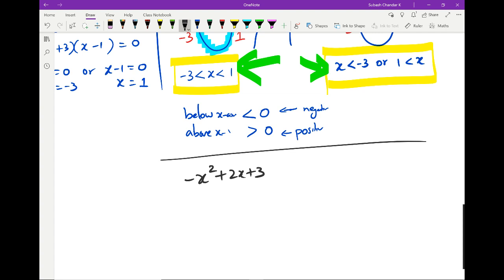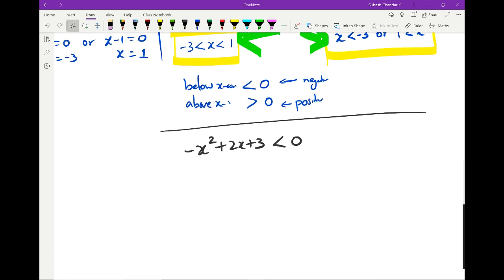Yeah, will this end at 10 or what? What happens if the parabola is upside down? Yeah, I'll just show you guys how this question really works for the upside down one. So if it does look like this, where it's -x squared plus 2x plus 3, and we want to figure out when is it less than 0, the first thing we got to do is try and factorize this. I'm still going to follow the same rules for factorizing.